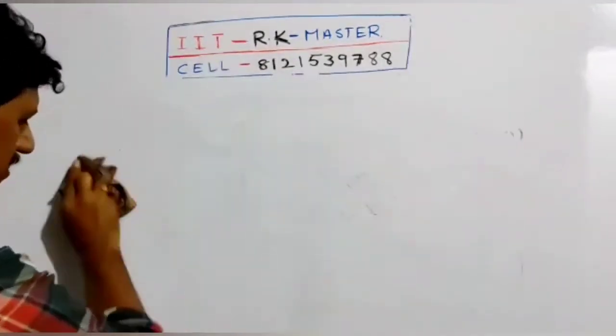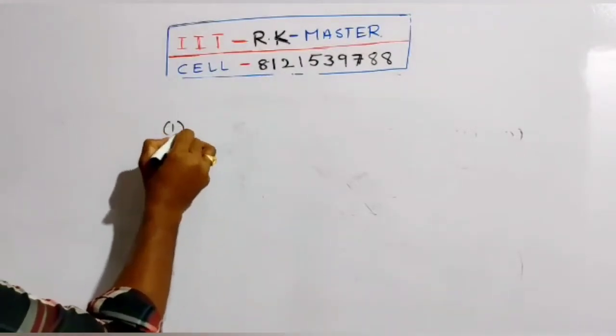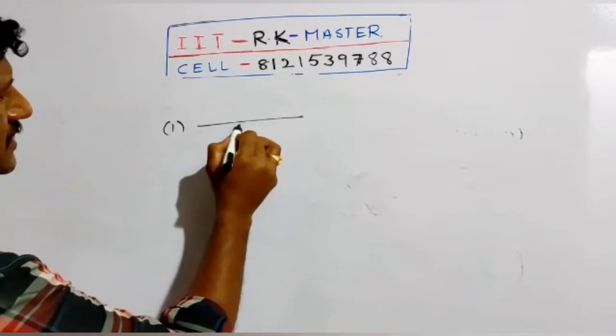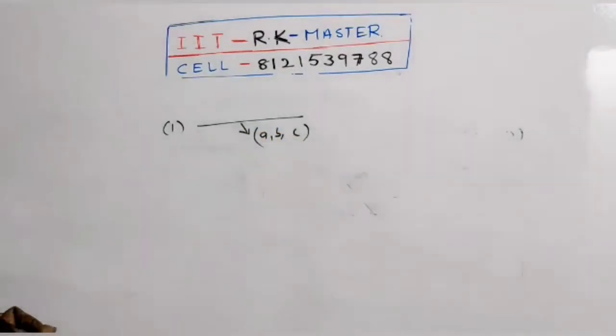Next one, based on the direction ratios, we have some important concepts. The first thing is, if the line contains DRs a, b, c, how to find the DCs?